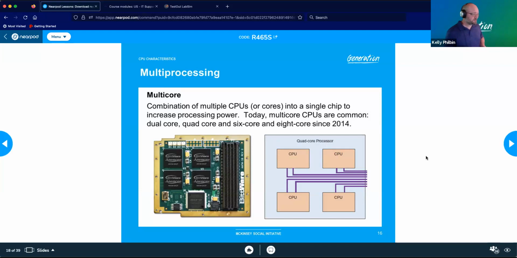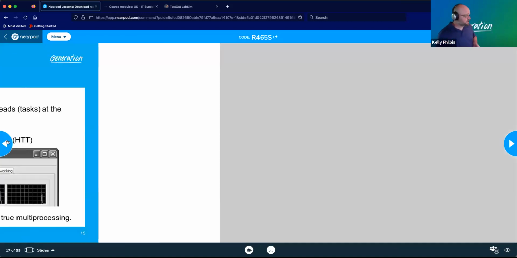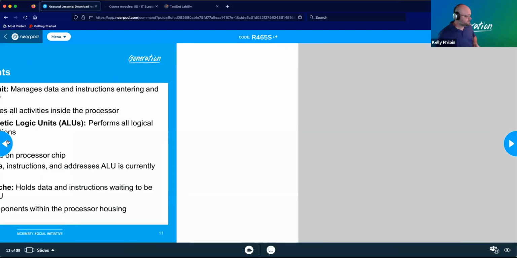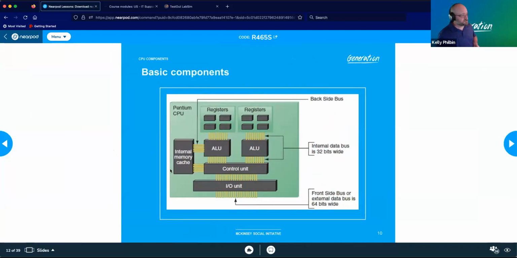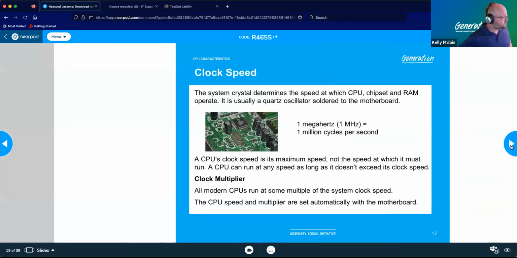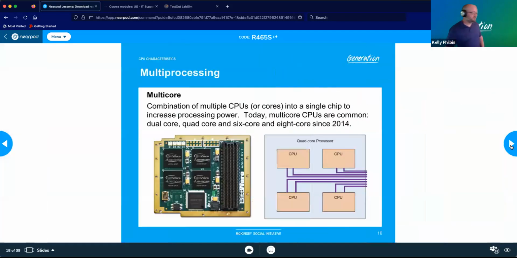Now, we need to talk about memory cache. So we talked about it earlier, where we have the internal memory cache inside the processor itself, right? So back to here, there are 3 different levels of cache memory inside of a CPU.